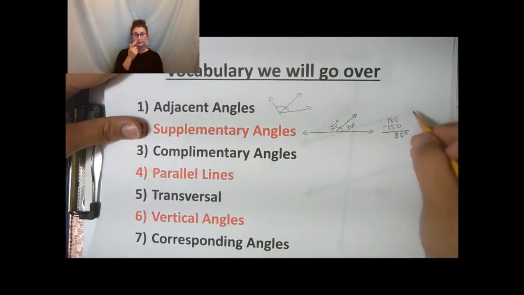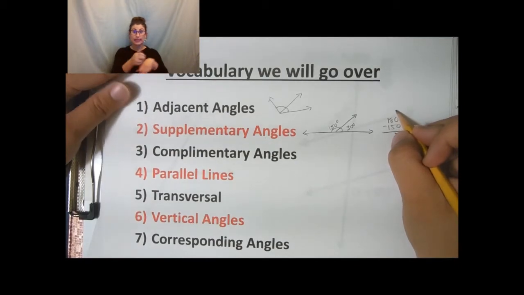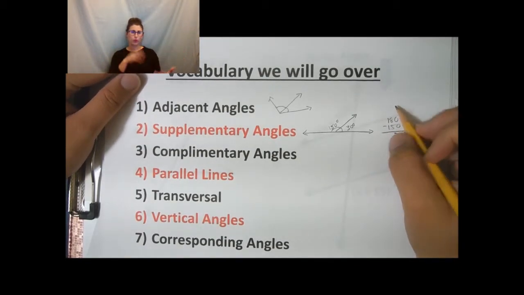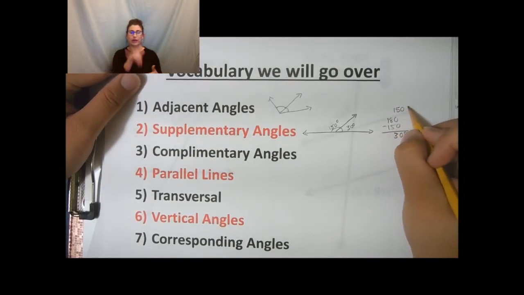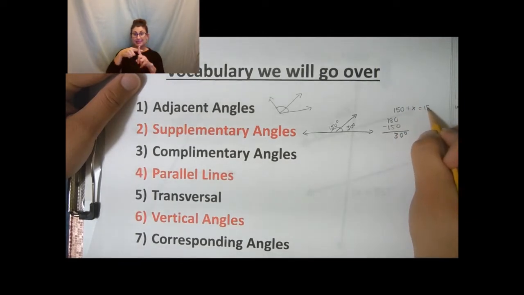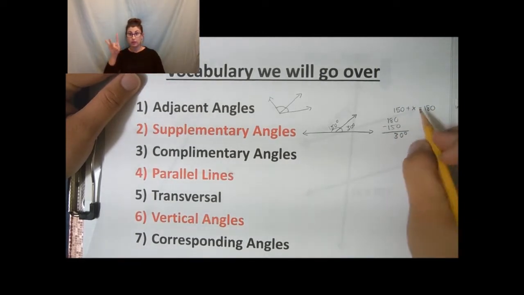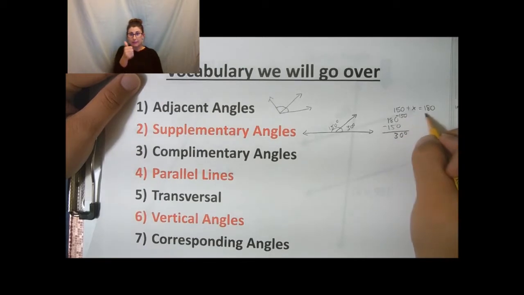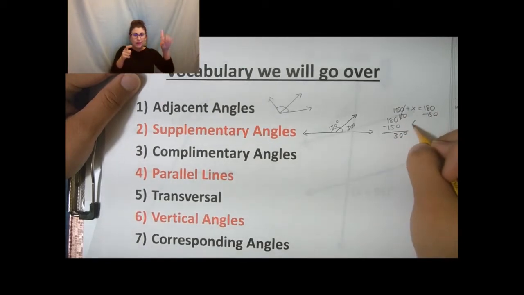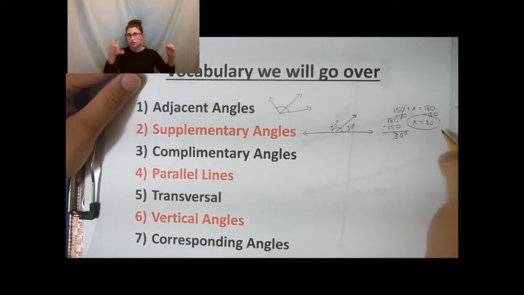All right, and if you want to make an equation out of that, which is pretty much what we're going to be dealing with today, it would be 150 plus x equals 180. To get x by itself, you would do minus 150, minus 150, x equals 30.